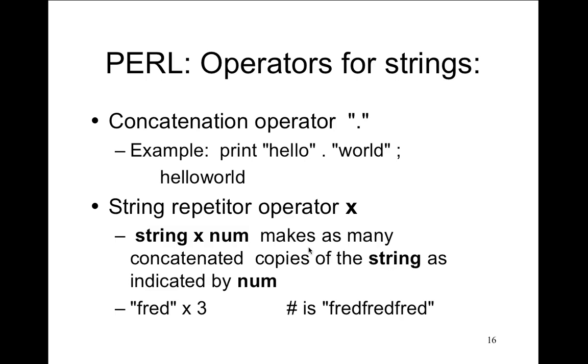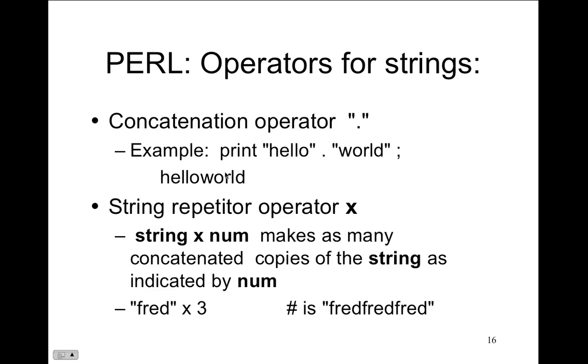So operators on strings. We have concatenation, which is the dot. An example, hello.world is going to give us hello world. Or we can repeat. This is a nice one. We don't have this one in C. We can do concatenation in C or C++ easily. You can just use a string class and come up with all sorts of methods.